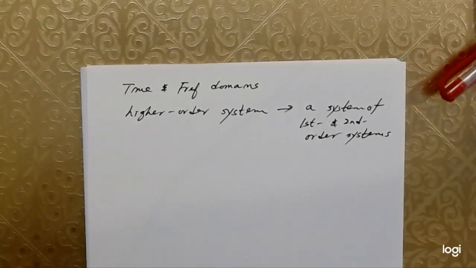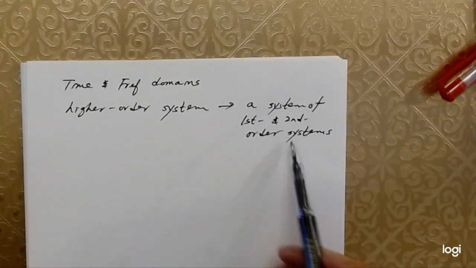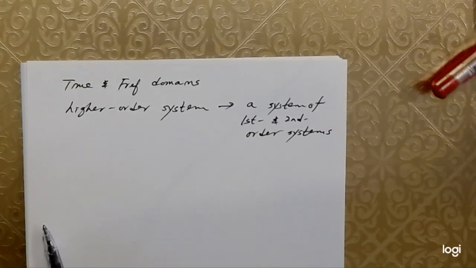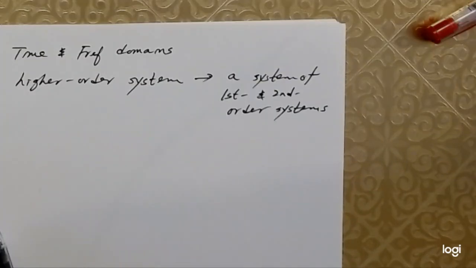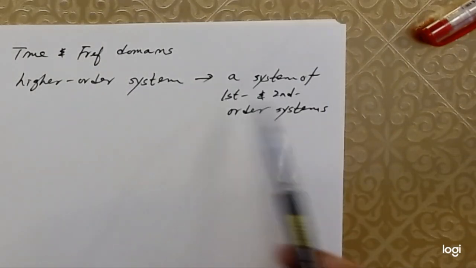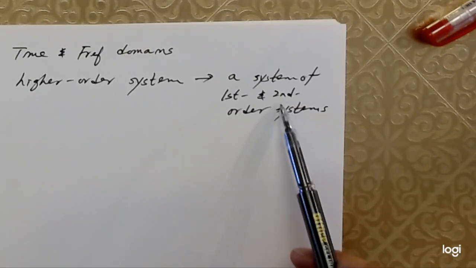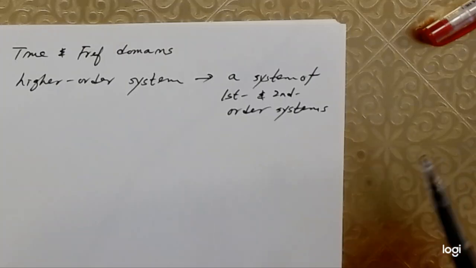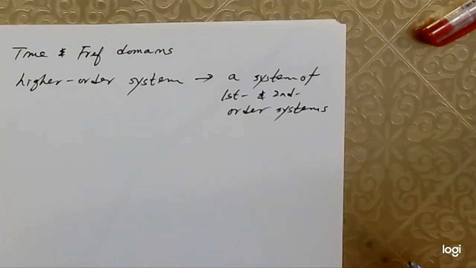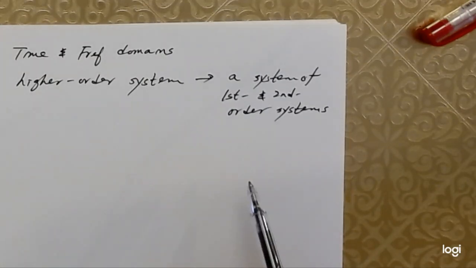That's why as long as we understand the characteristics of first and second order in time domain and frequency domain, then we can find the response or find the characteristic of higher order easily. Okay, so we'll start with the first order system.